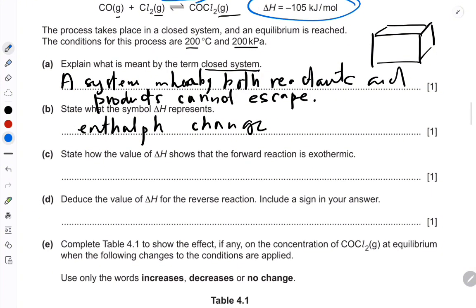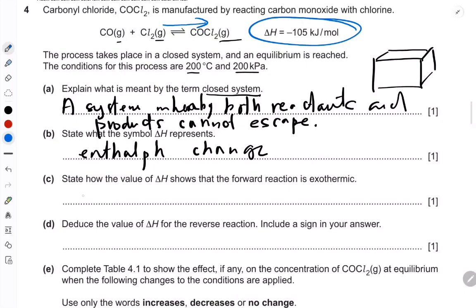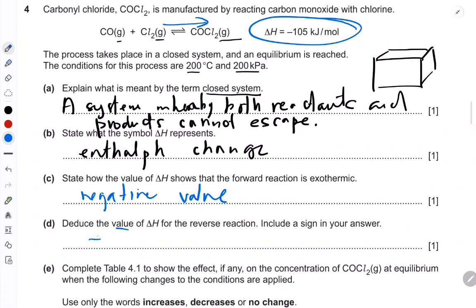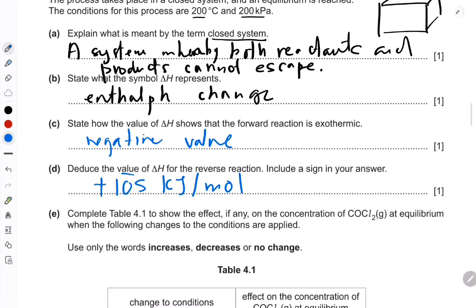And how did we deduce that? The fact that it has a negative value, right? Deduce the value of delta H in the reverse direction. So it'll be positive 105 kilojoule per mole, right? Same magnitude, but now in the opposite direction, so it has to be positive.